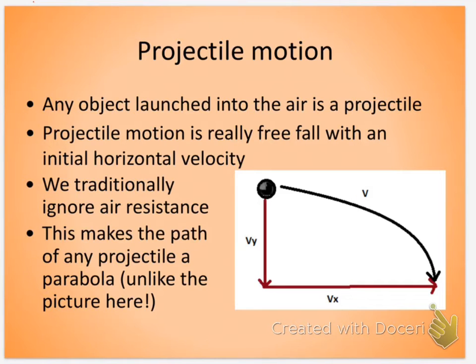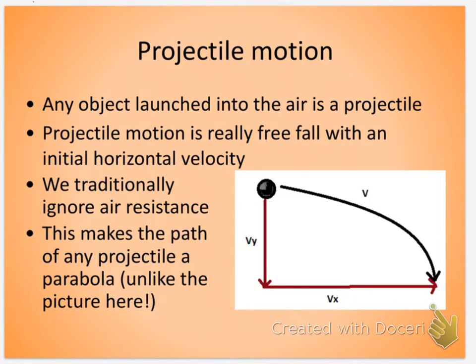So first of all, let's define projectile motion. This is anything that gets launched into the air and that is only being acted on by gravity. And what this actually is, well, it's just free fall where we have some initial velocity on one or both axes.